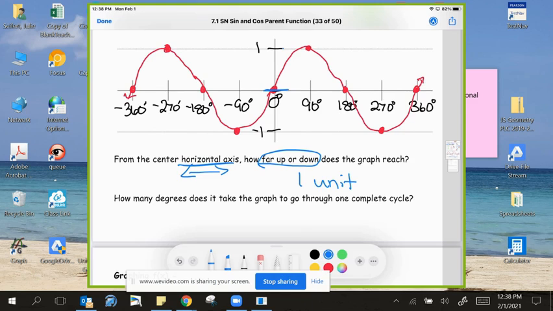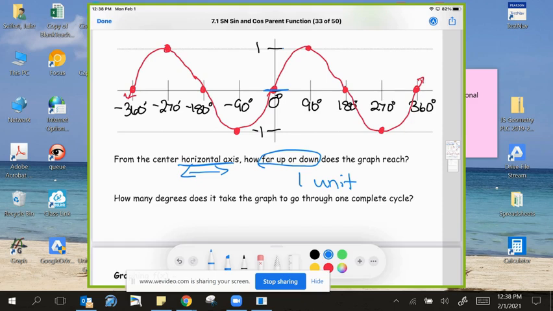Now, take a look at this graph and figure out how many degrees it takes for the graph to go through 1 complete cycle. How many degrees does sine of x go through 1 cycle? Put your best guess in the chat.